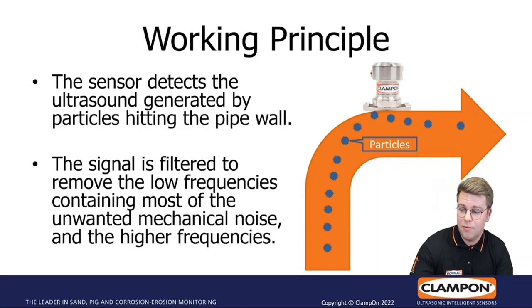The signal is then filtered to remove the low frequencies containing the most unwanted mechanical noise, and the higher frequencies. You have background noise, commonly from the flow itself, also from other external sources. This needs to be filtered so you detect only the particles.